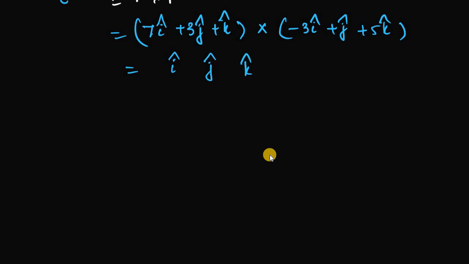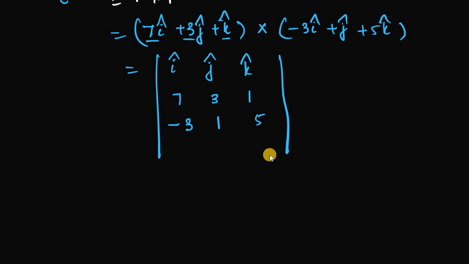For R, I will write the numerals 7 for i, 3 for j, 1 for k, because there is no numeral other than 1 there. Now for F, I will write minus 3, 1 for j, and 5. That's it. This is the determinant form of it.